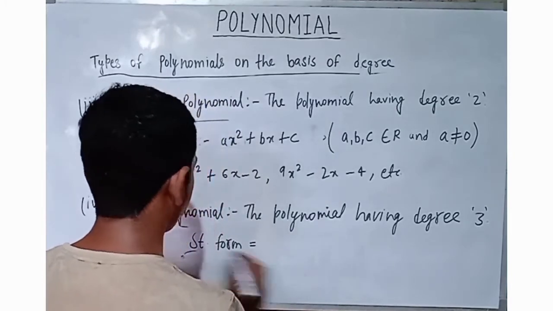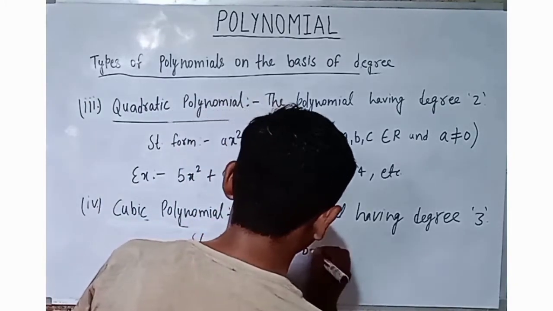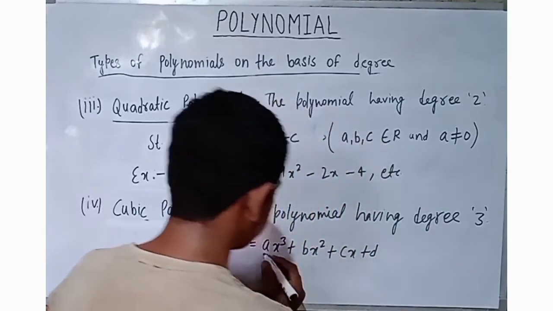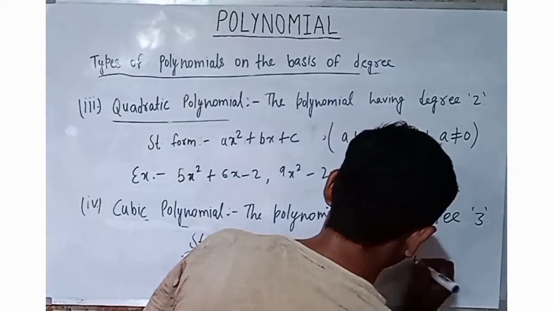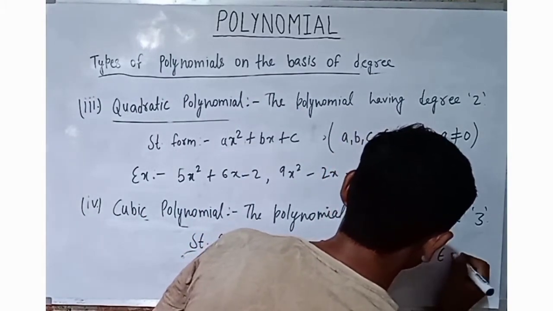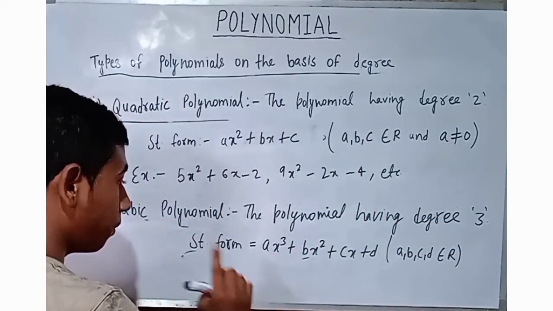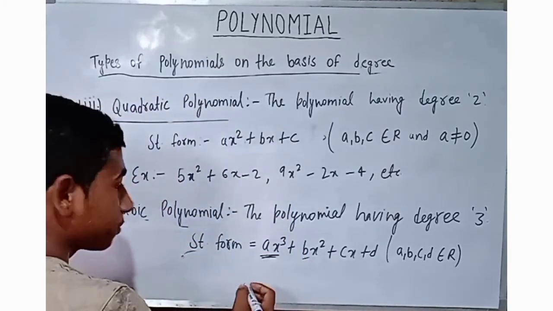Standard form of cubic polynomial will be ax cube plus bx square plus cx plus d, where a, b, c, d belong to real numbers, and a should not be equal to 0. You know why? I think you understand.